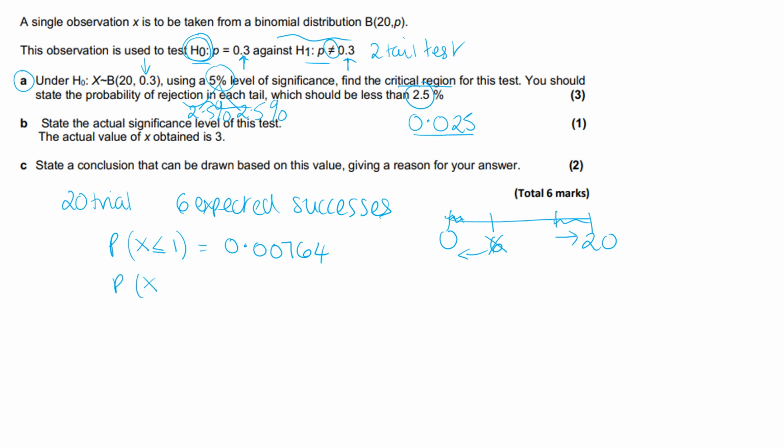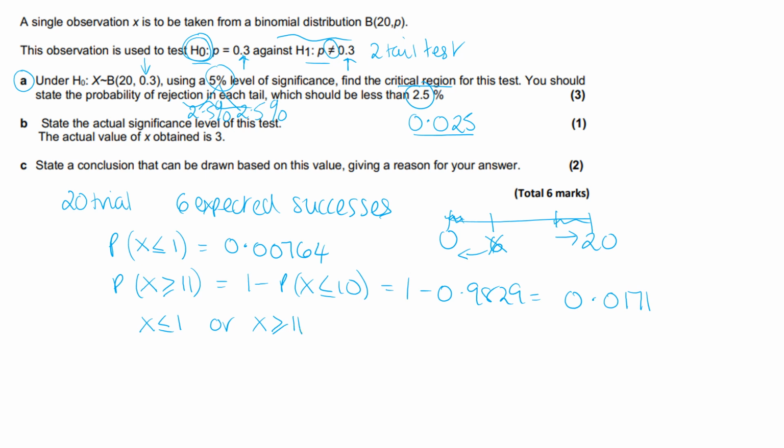And then if we do the probability that x is bigger than or equal to 11, which is the same as 1 minus the probability of x being less than or equal to 10, which is 1 minus 0.9829, which gives us 0.0171. So these are our critical regions as long as x is less than or equal to 1 or x is above 11. So it would have to be 11 and then obviously less than the 20. You don't need to state that, but in 20 trials we could only have it going up to 20. But these are our critical regions.